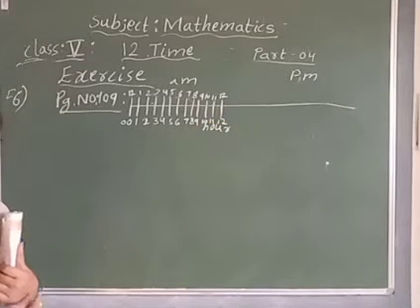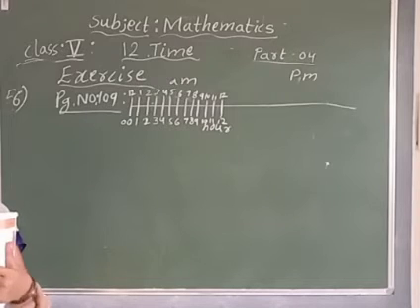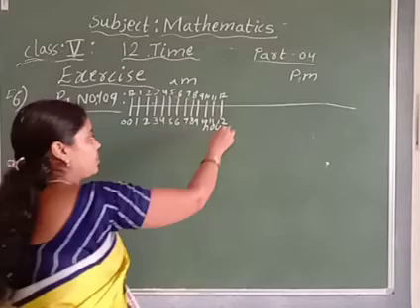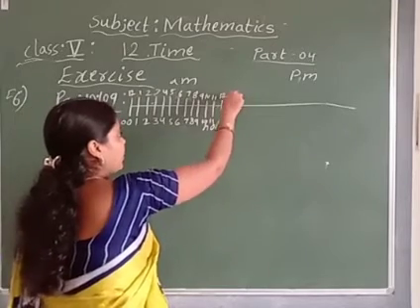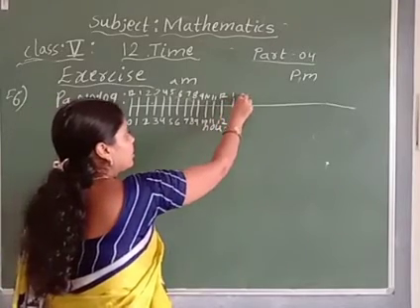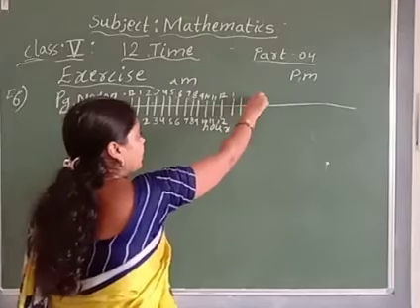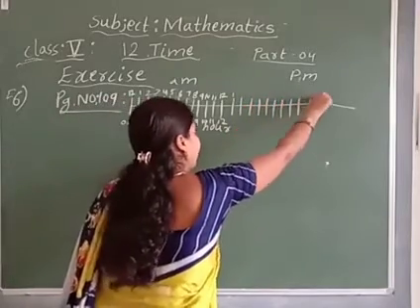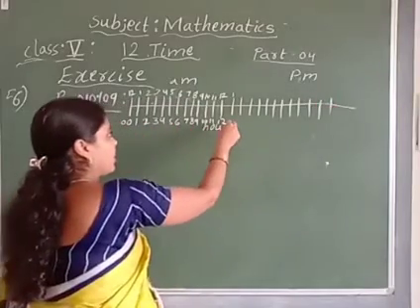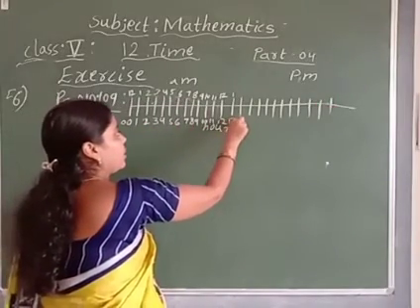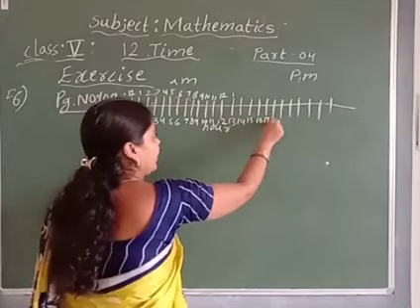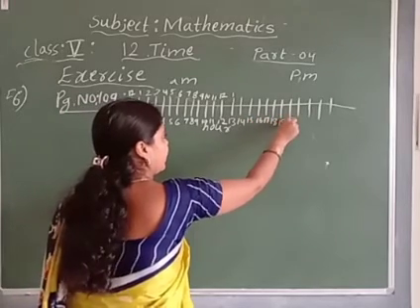After 12, in the 12-hour clock 1 will come, but in the 24-hour clock 13 will come. 13, 14, 15, 16, 17, 18, 19, 20.